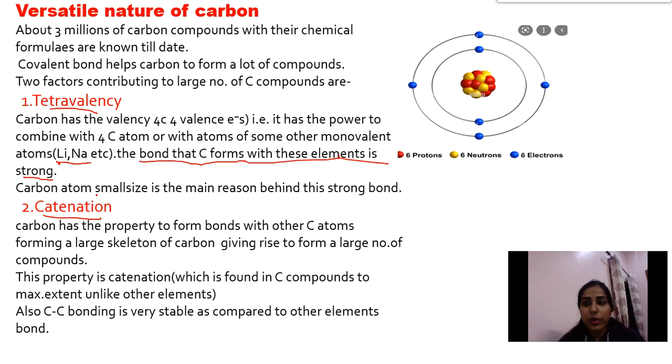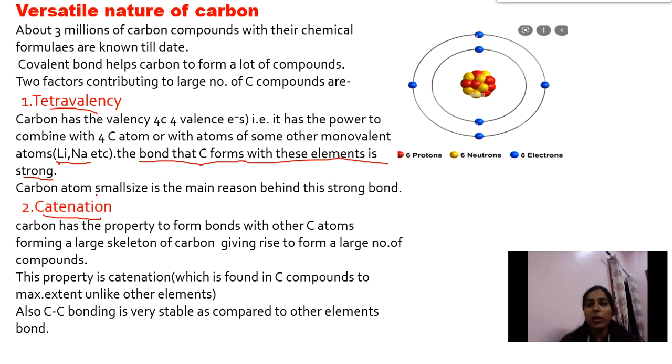Because the carbon atom size is very small, and this helps the carbon nucleus to hold the shared pair of electrons which they share with the other atoms while forming a compound.